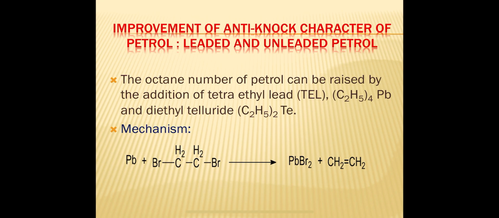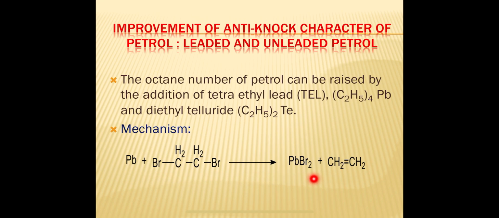The lead oxide is deposited on the engine, which reduces the life of the engine. So for this reason we have to remove the lead oxide simultaneously. We react the lead oxide with 1,2-dibromoethane, and then the lead is converted into lead bromide, which leaves along with the exhaust gas.